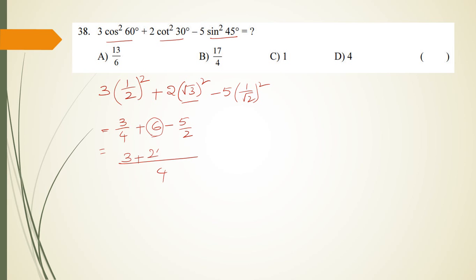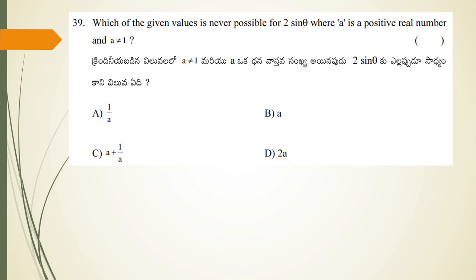Then I am going to get 24 minus, here 2 is already there, so to make it 4 I need to multiply and divide with 2, so 5 2s are 10. Now finally, 24 minus 10 is 14, 14 plus 3 is 17. So the answer is 17 divided by 4. So option B. Next, moving on to question number 39.